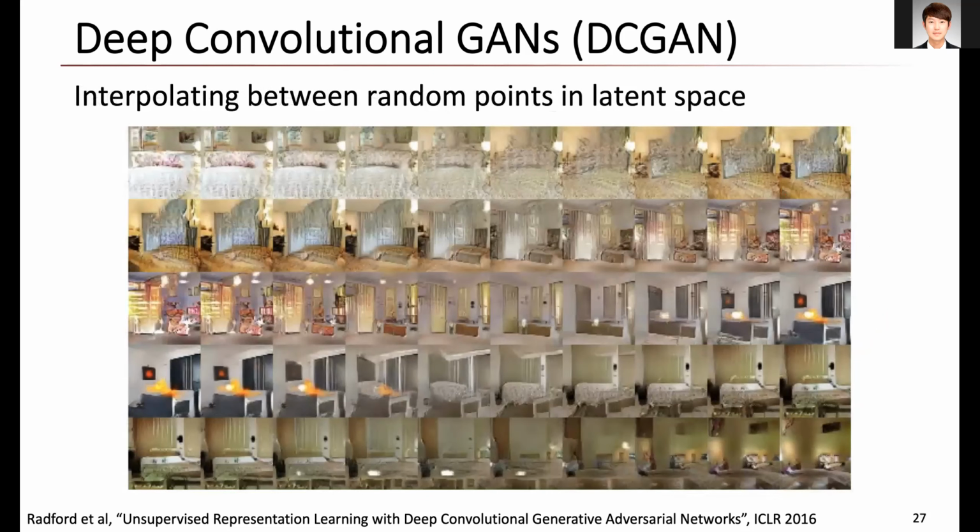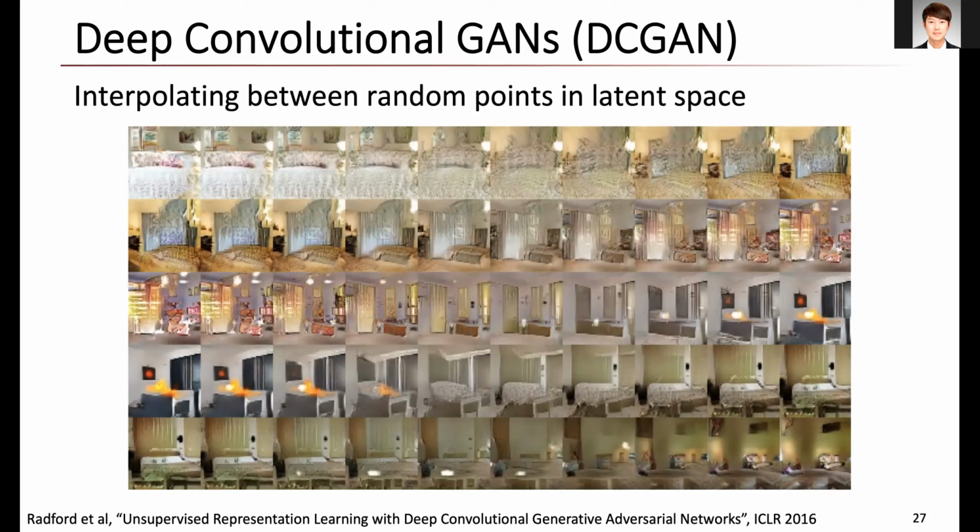And in this paper, they also show that it is possible to interpolate the latent space, I mean the random noise Z. So they raise a question: can we manipulate the latent vector to manipulate images, because they are highly correlated, right?